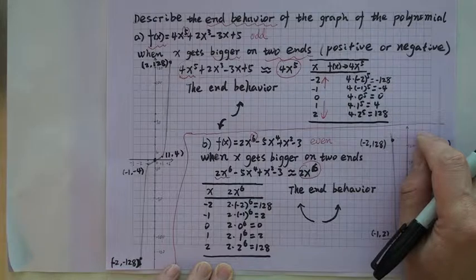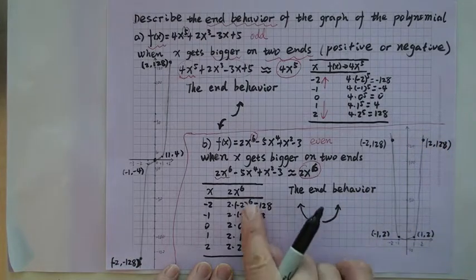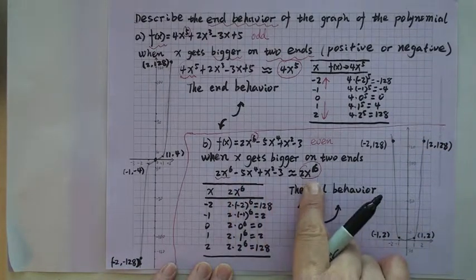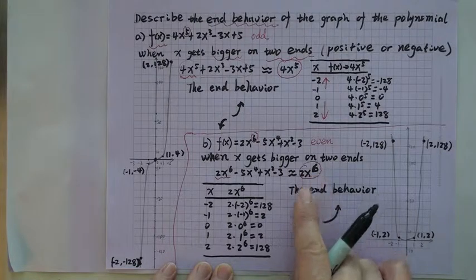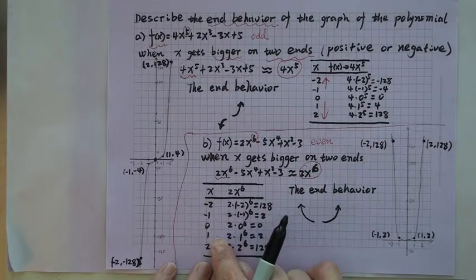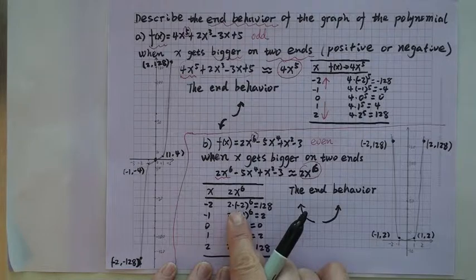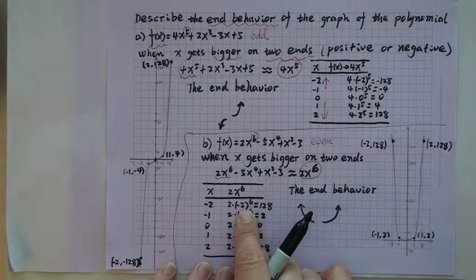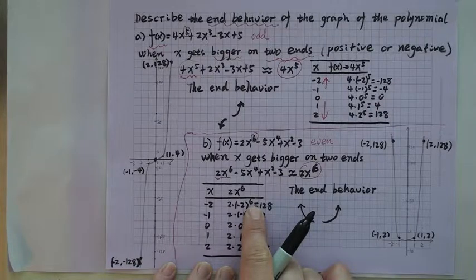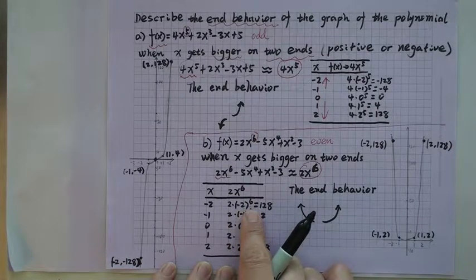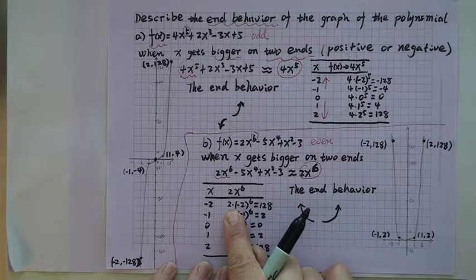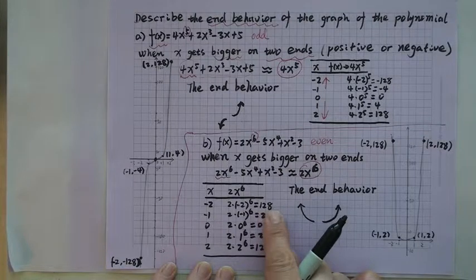All right. Similarly, for 2x to the 6th, you plug in 5 numbers. 2 times negative 2 to the 6th. Since the exponent is even, you always get a positive number. And then times 2, positive 128.